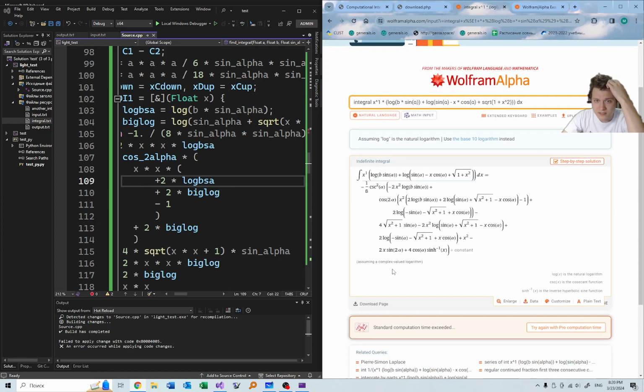Yeah, and it says assuming a complex valued logarithm. However, it shouldn't require a complex valued logarithm. That is strange. Maybe we just need to assume that it is actually fine.